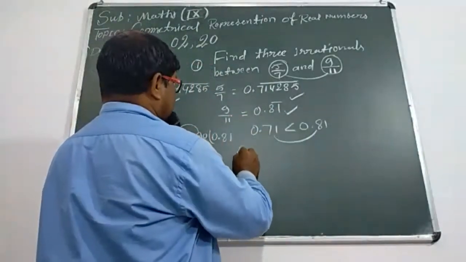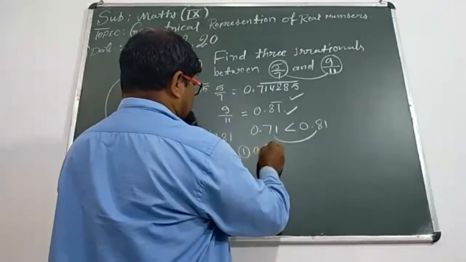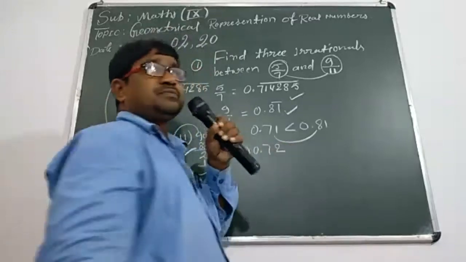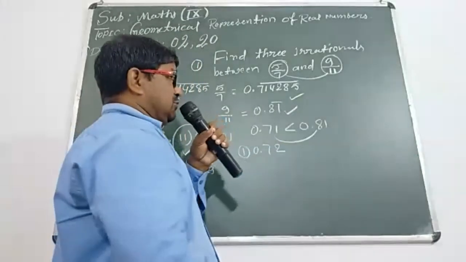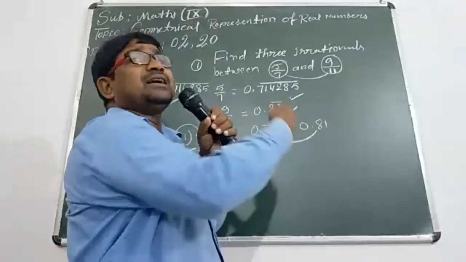So how can we write this number? First we can write 0.72. Our number will be larger than 0.71 and less than 0.81.